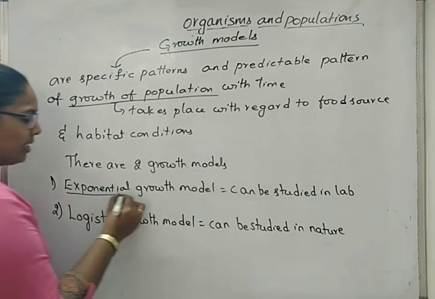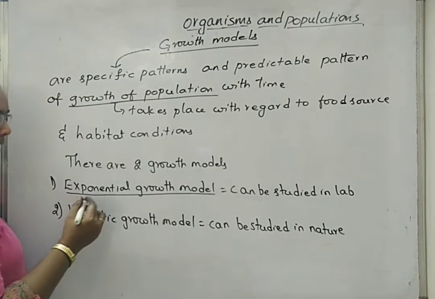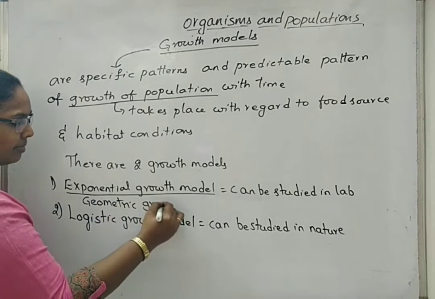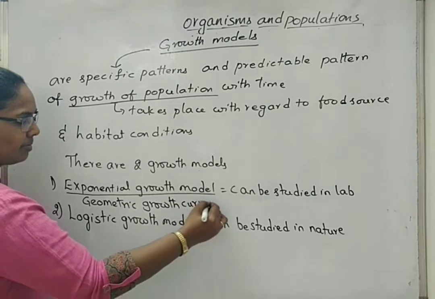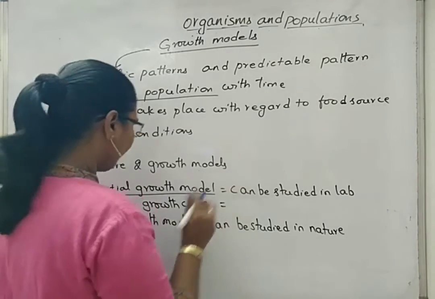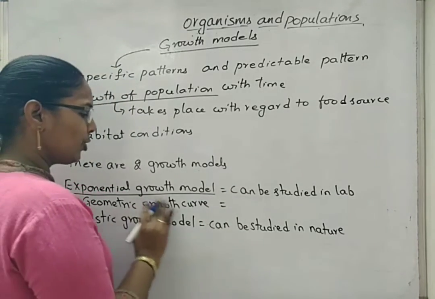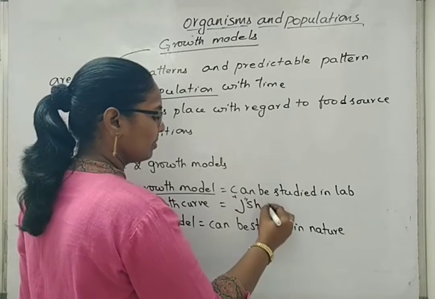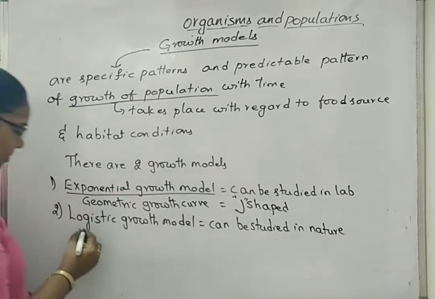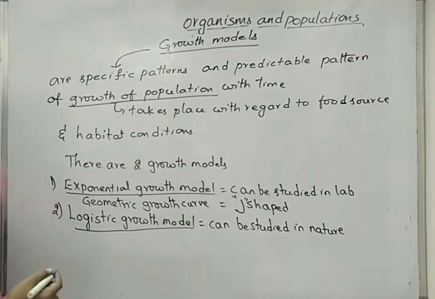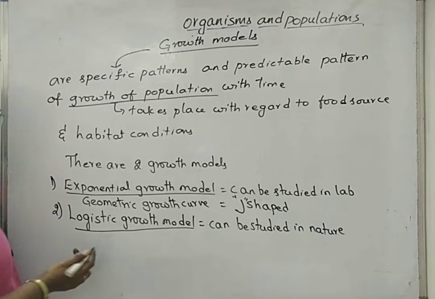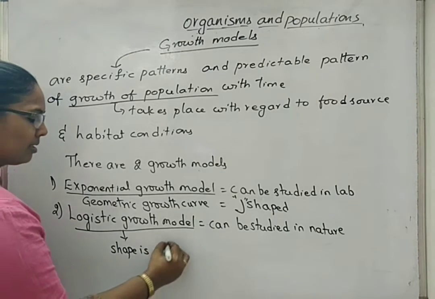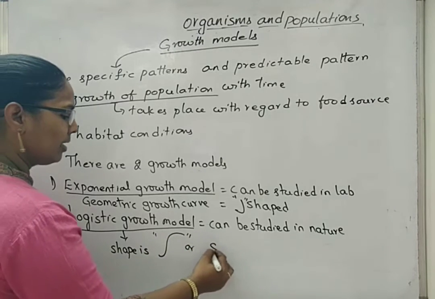The exponential growth model is also called the geometric growth curve. Its shape is J-shaped. Logistic growth model: its shape is sigmoid or S-shaped.